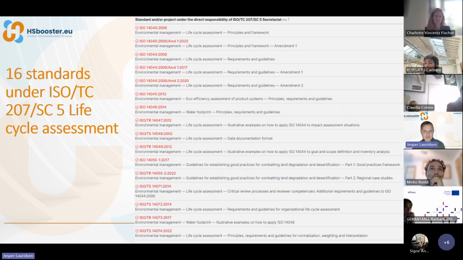In Subcommittee 5, we have a lot of different standards under the life cycle assessment subcommittee, but I took this with me not so that you should read it, just to show you that a lot of standards exist. There are two main standards which are important, the 14040 and the 14044.